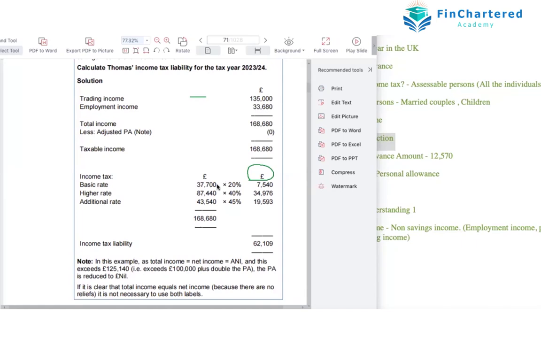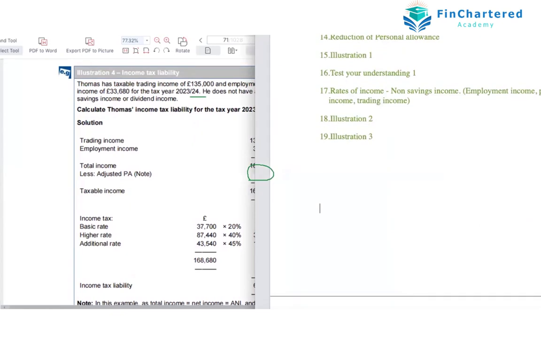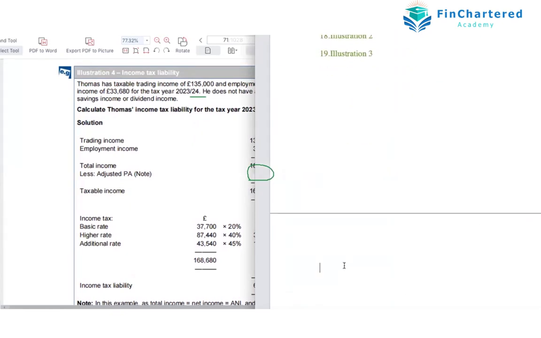So in this case, think about it, guys. I can do the calculation, but 168,680. There is how much excess? There is an excess of 68,680. Correct?